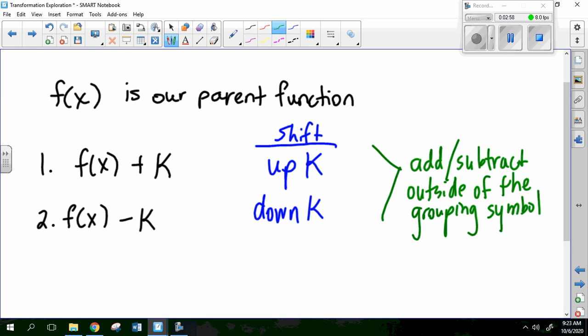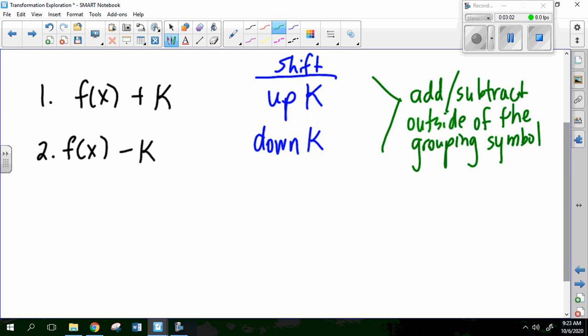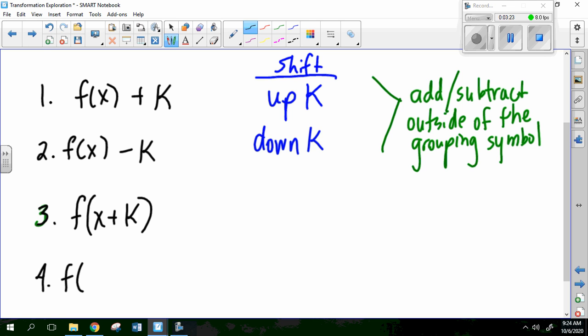What I mean by grouping symbol is parentheses or absolute values or anything like that. Now, for the left and right shifts, I'm going to write my function a little bit different. I'm going to write f of, and then x plus k inside that parenthesis, and x minus k inside that parenthesis.